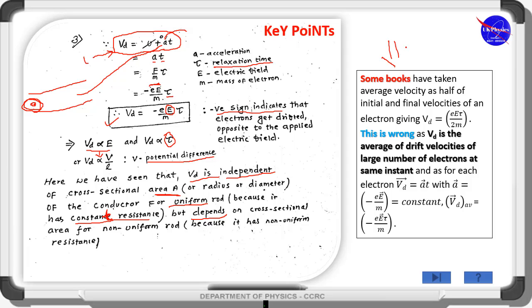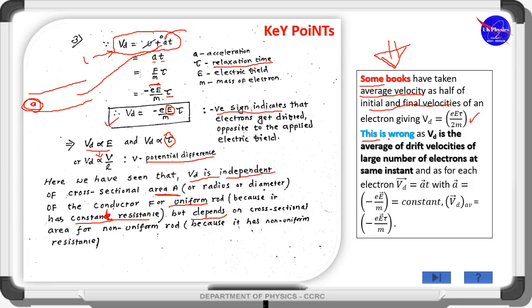Here you can see a point that we have to remember. In some books the average velocity has been calculated by taking the initial and final velocities of the free electron.